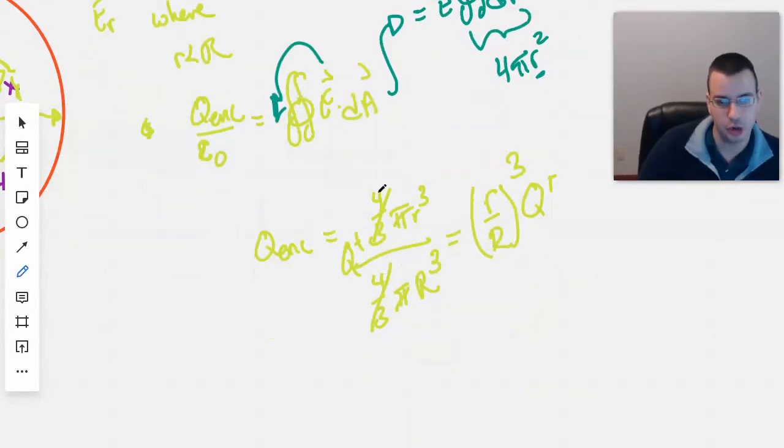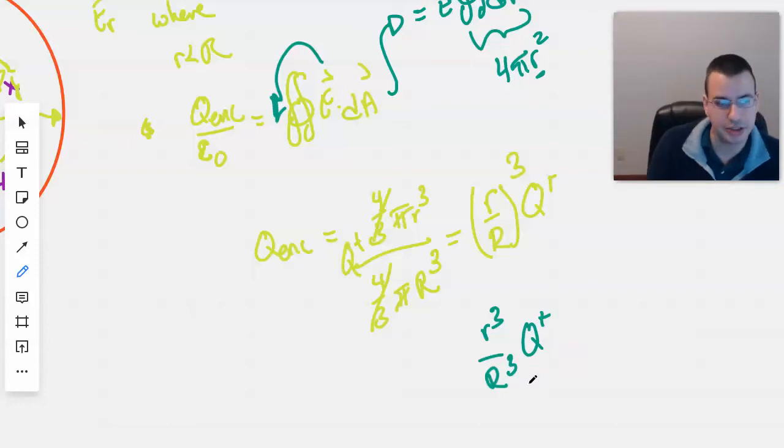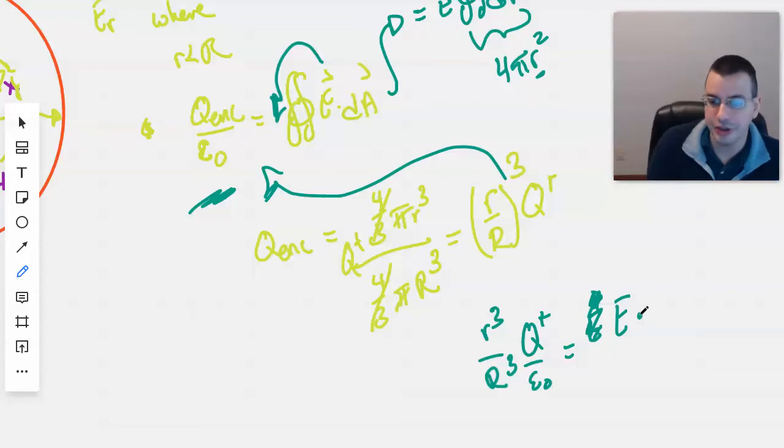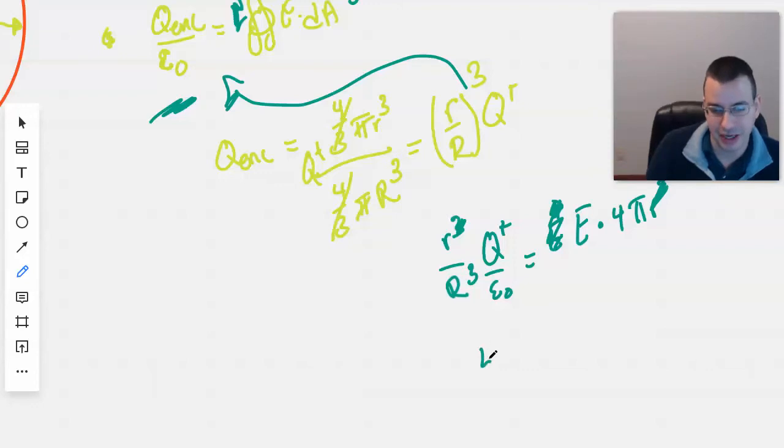And so then writing everything out, we will have r cubed over big R cubed times Q plus over epsilon naught, equals E times 4 pi r squared, where r squared is specifically the lesser r. And those cancel over there, and we're left with the electric field.